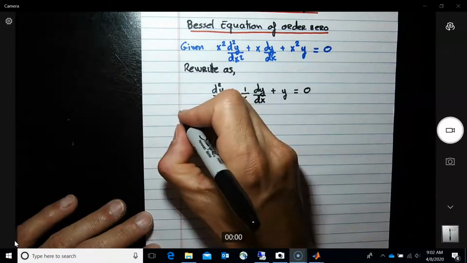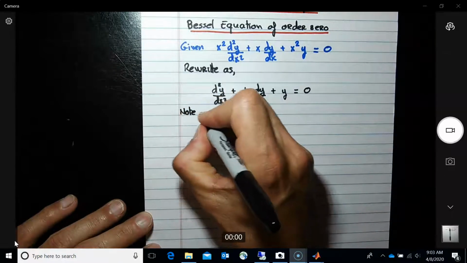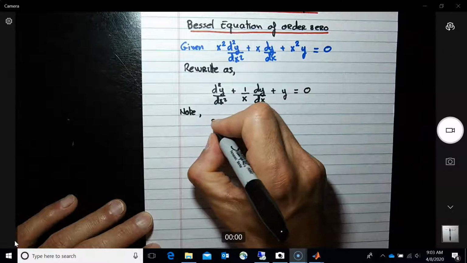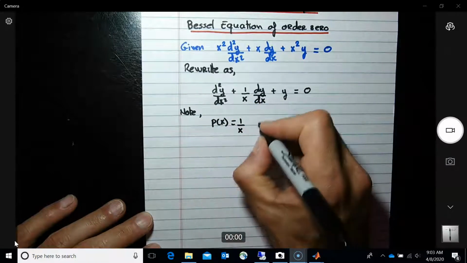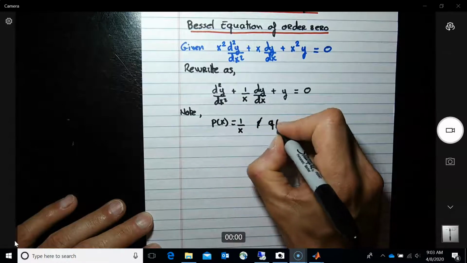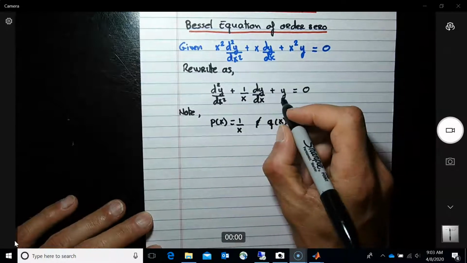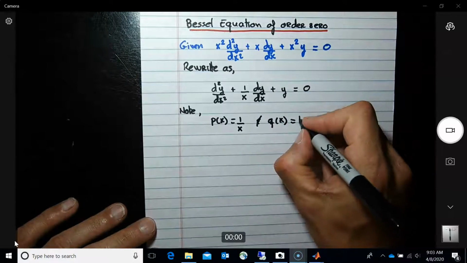So in that case, note that p of x will be equal to 1 over x, and q of x, which will come over here, is equal to 0.